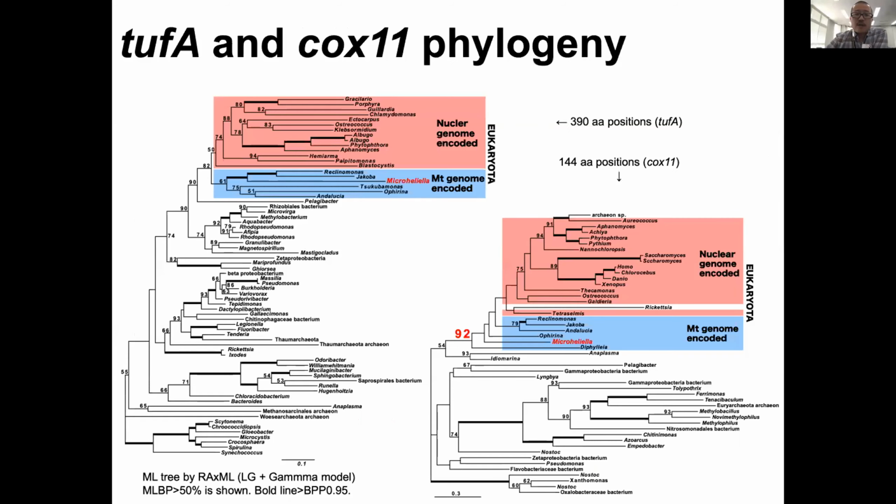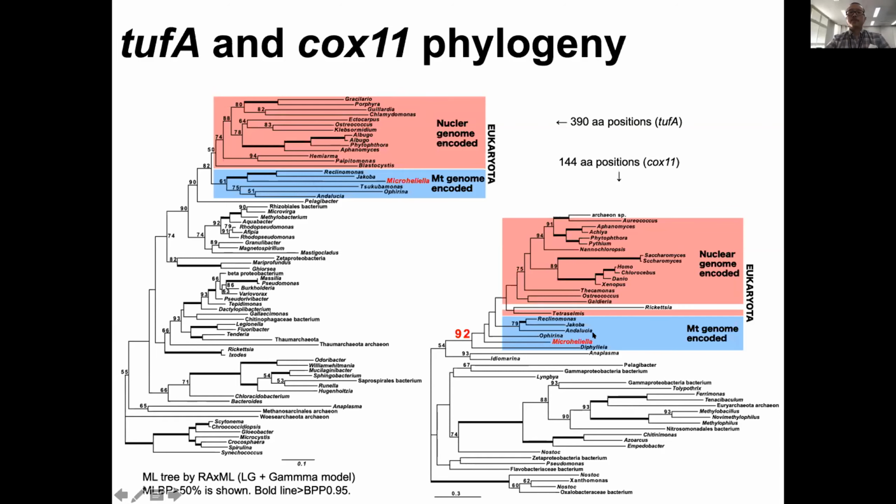And this is a phylogenetic tree of TatA and COX11. This is the TatA tree and this is the COX11 tree. You can see TatA branched here, within the mitochondrial genome-encoded clade, and MH is here.